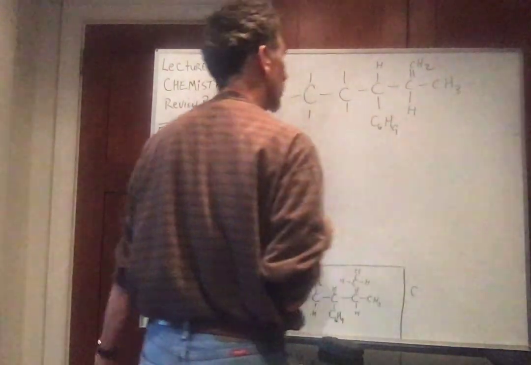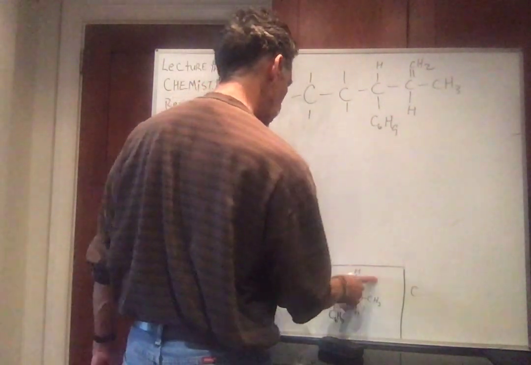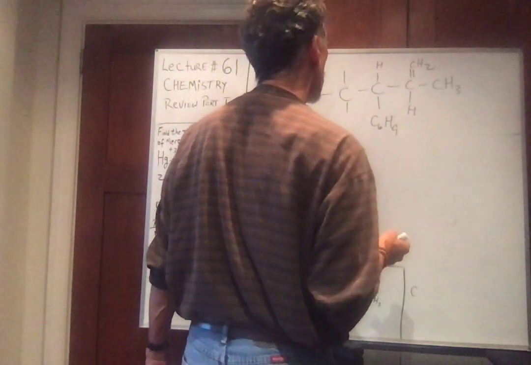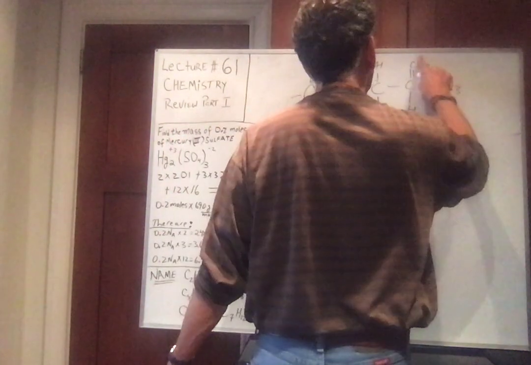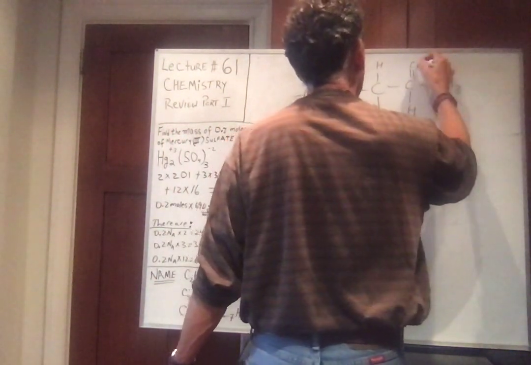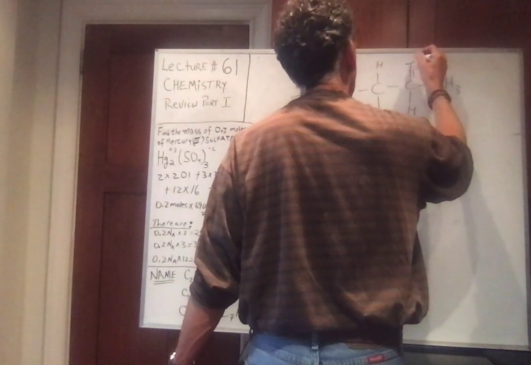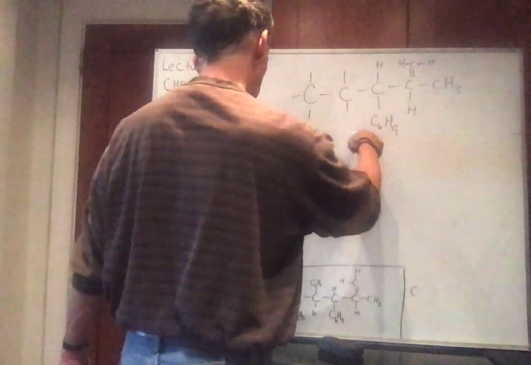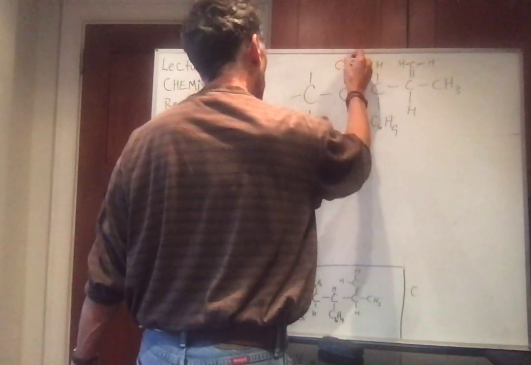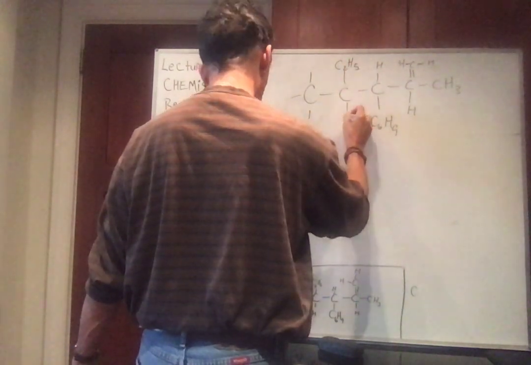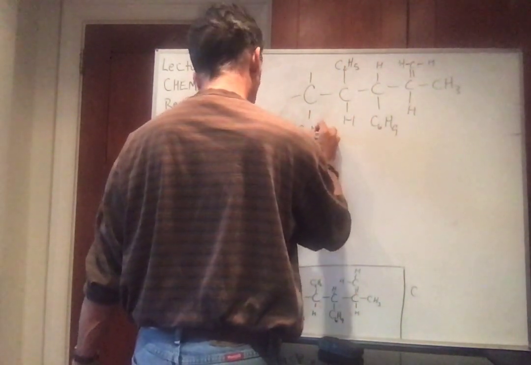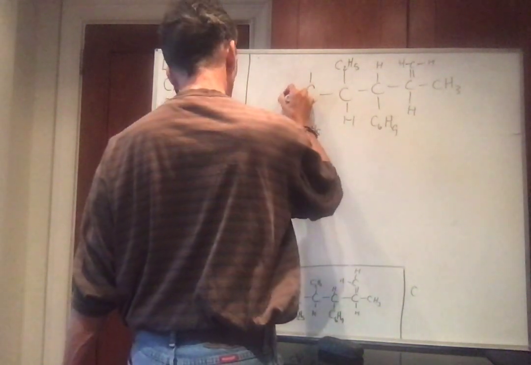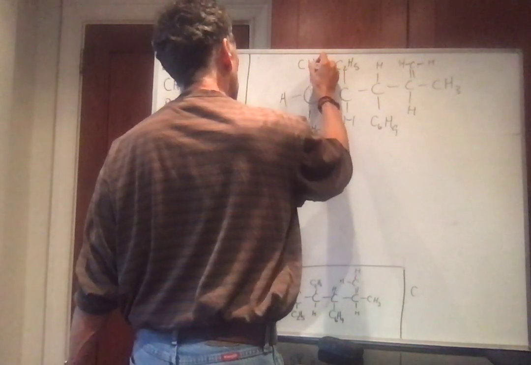Has to be a CH2. Okay, that should be a CH2. CH2. Okay, good. So this really is this. What else do I have? So I have this and a C2H5, and I have an H and a C2H5 here. What is that? Do you know what that is? Ethyl, right? H and a CH3 methyl.